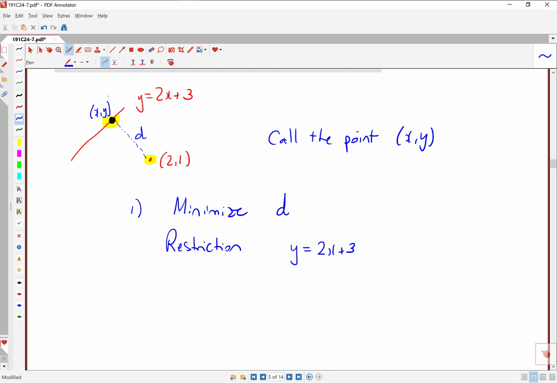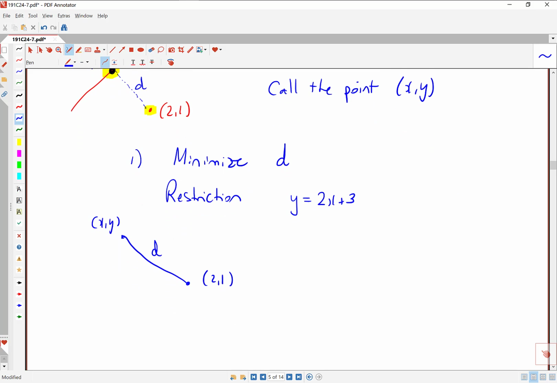So let's zoom in on this drawing here and let's see if we can find a formula for this distance d that we're trying to minimize. Okay, so really what we need to talk about is just these 2 points. One is x, y and the other one is 2, 1. And what we need is to find a formula for this distance d here. So you may remember from one of your previous math courses having done something similar.